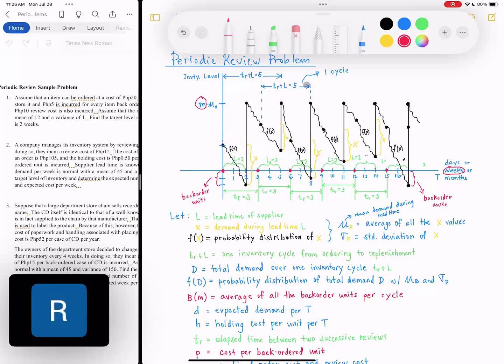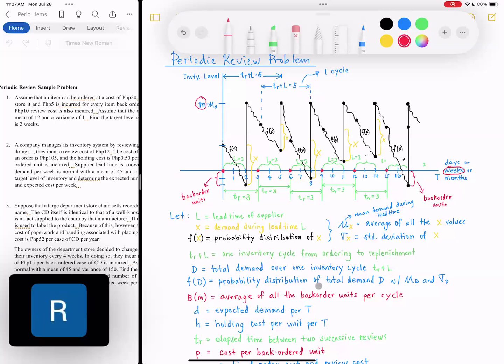And the demand that happens in 5 weeks or in TR plus L is also a random variable. And hence, it has its probability distribution. So f of D is the probability distribution of the total demand that happens in TR plus L. I hope that's clear.